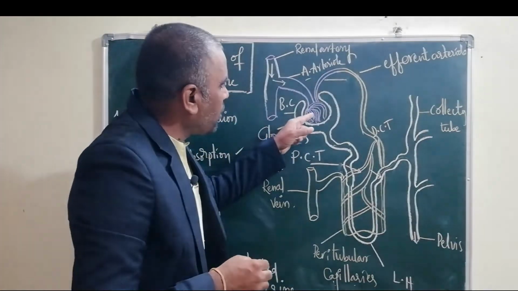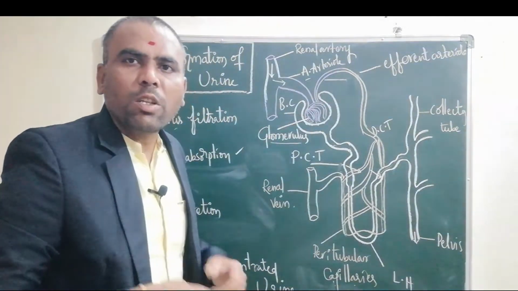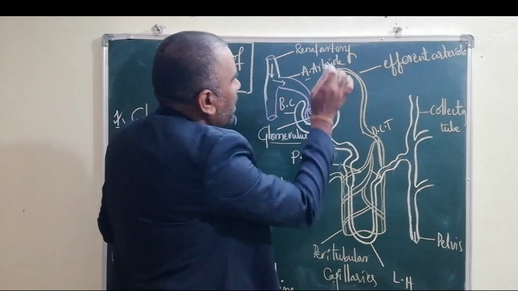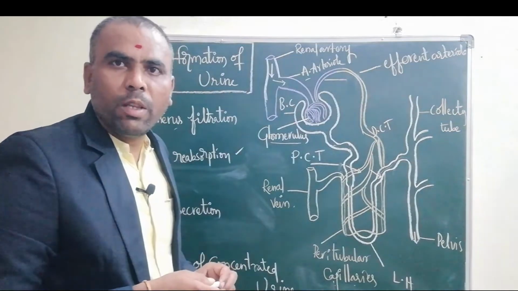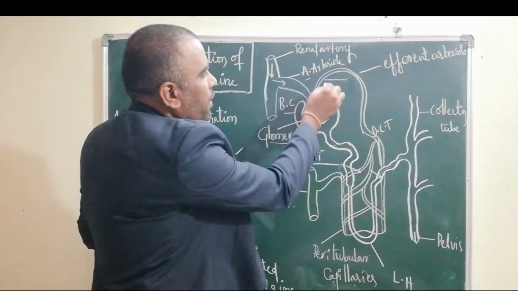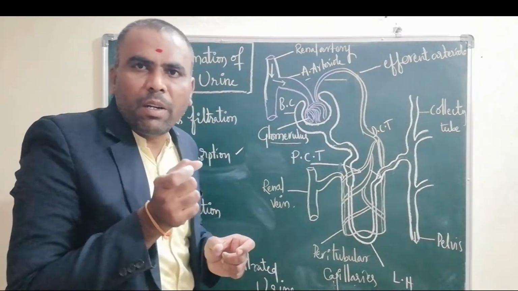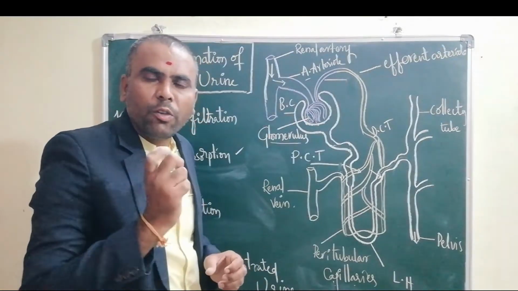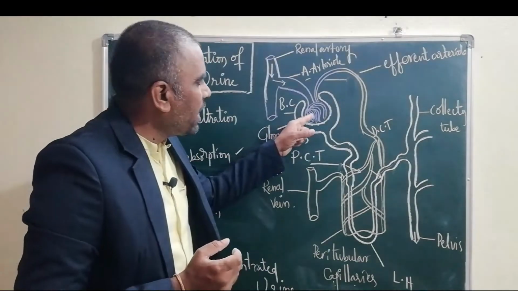Now the blood is in the glomerulus, in which the process of filtration occurs due to the pressure exerted by the efferent arteriole. How is the pressure exerted in the glomerulus? The efferent arteriole has a smaller diameter, and due to the smaller diameter it exerts pressure in the glomerulus. Due to that pressure, filtration takes place.